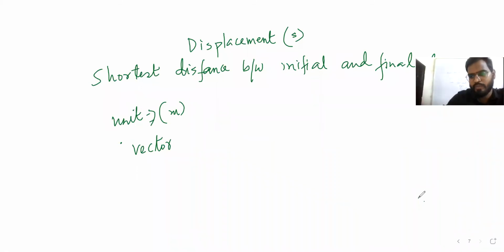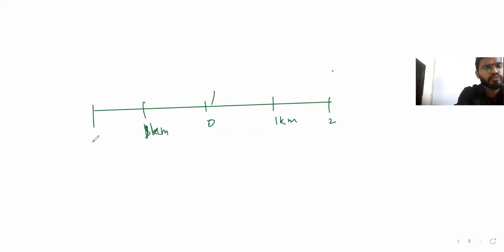Suppose a particle is running in a line; let's take this as 0 here, then this is 1 kilometer, 2 kilometer, 3 kilometer, and this is again 1 kilometer and 2 kilometer.